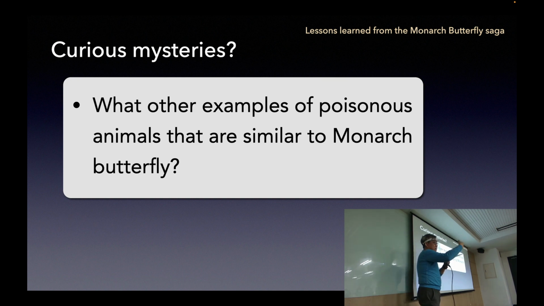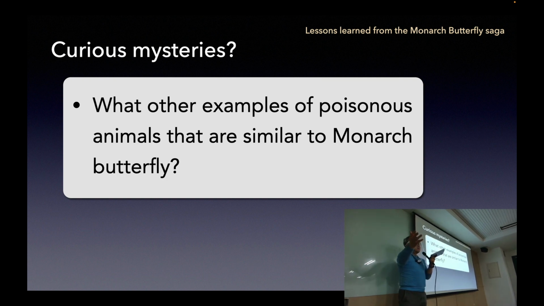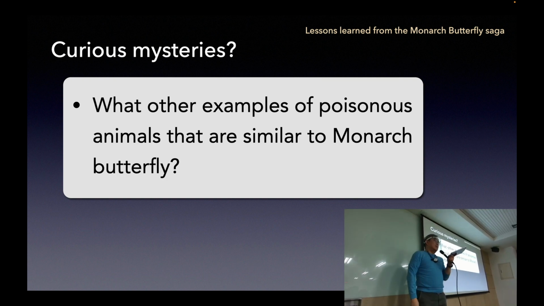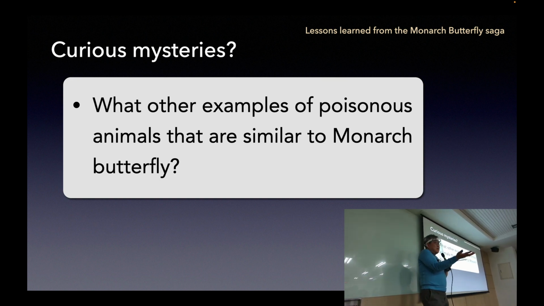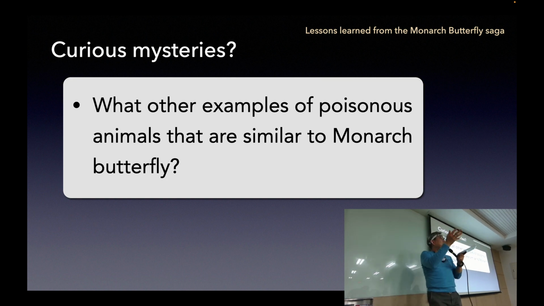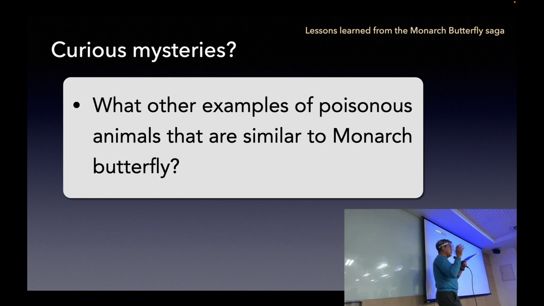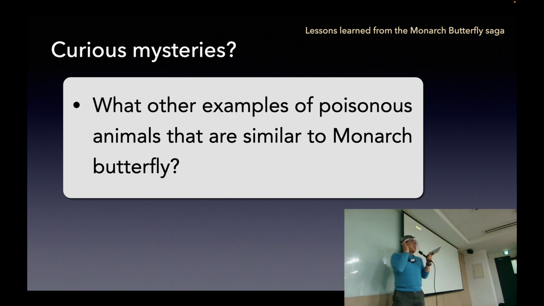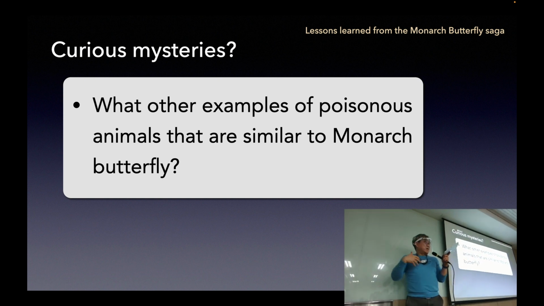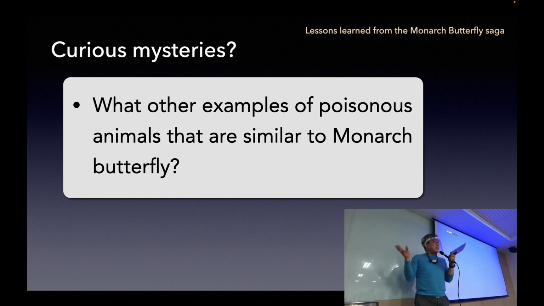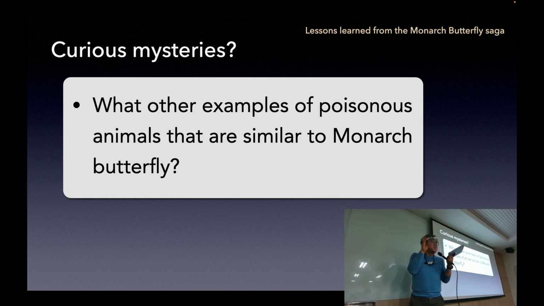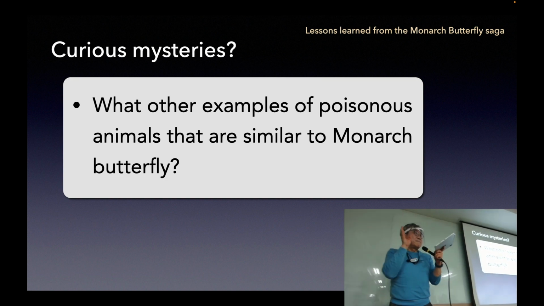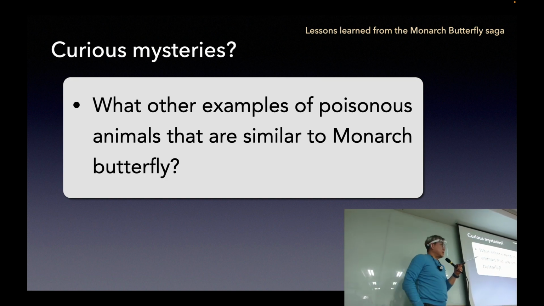I will just leave this up to you, so that suddenly on the midterm exam, I will casually ask what other examples are out there, and then compare and contrast. For example, compare and contrast another example you found of carrying poison with that of the monarch butterfly. It's probably one interesting short essay question. So that is one potential such question.